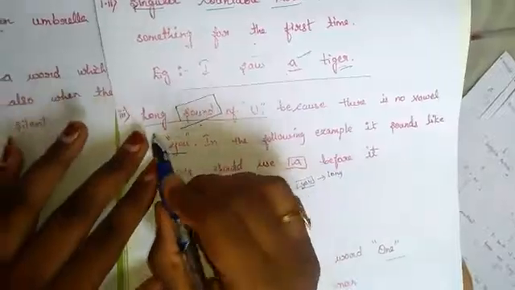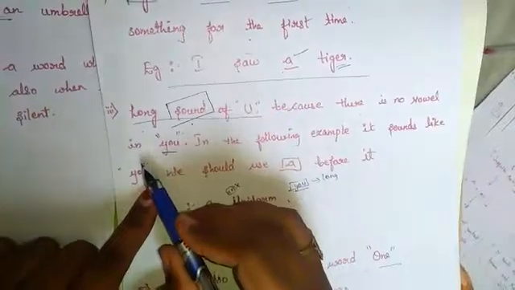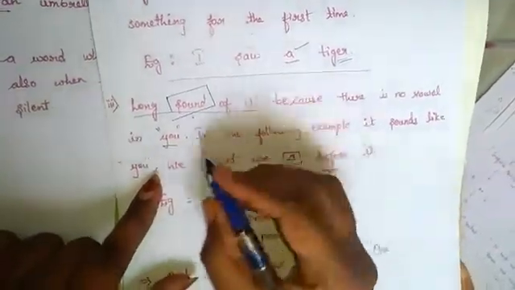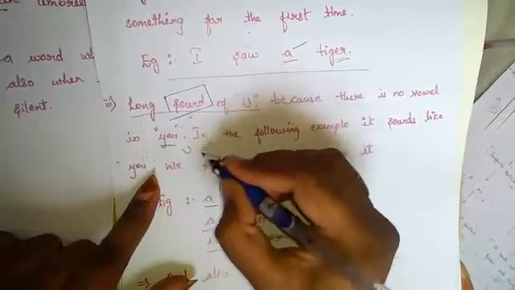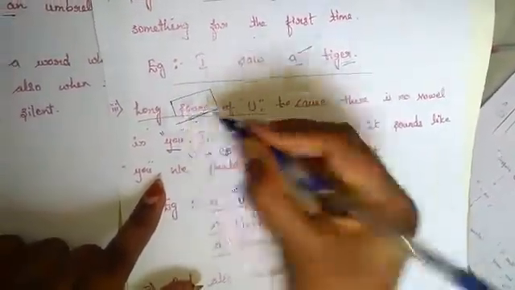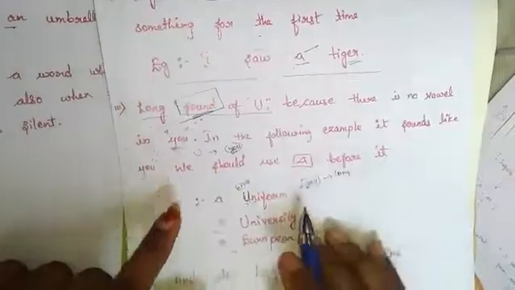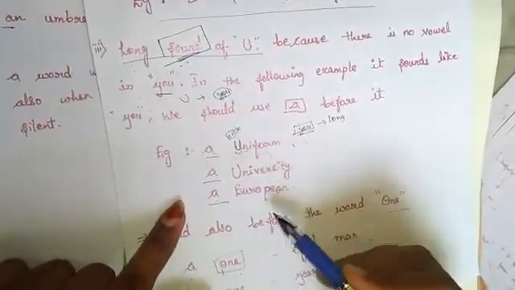So where we have to use a, and we have to use a in front of the long sound of u. You can see, because there is no vowel in you. So u is written here, u will be written but sounding like y-o-u. So why I am stressing on sound, because you can see in the following examples: uniform, university, European.